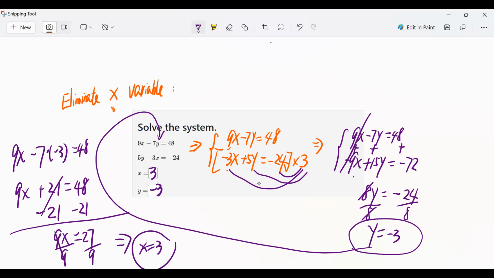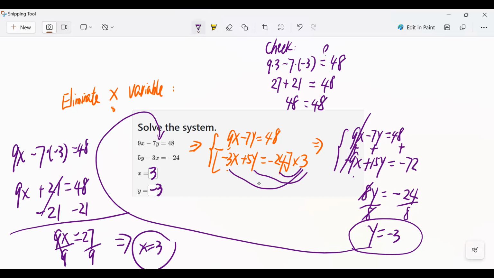We can also check it. Plug both numbers into the first equation: 9 times 3 minus 7 times minus 3 should be equal to 48. So this is 27, adding 7 times 3, which is 21. That turned out to be 48, which means it's good. We satisfy the first equation.